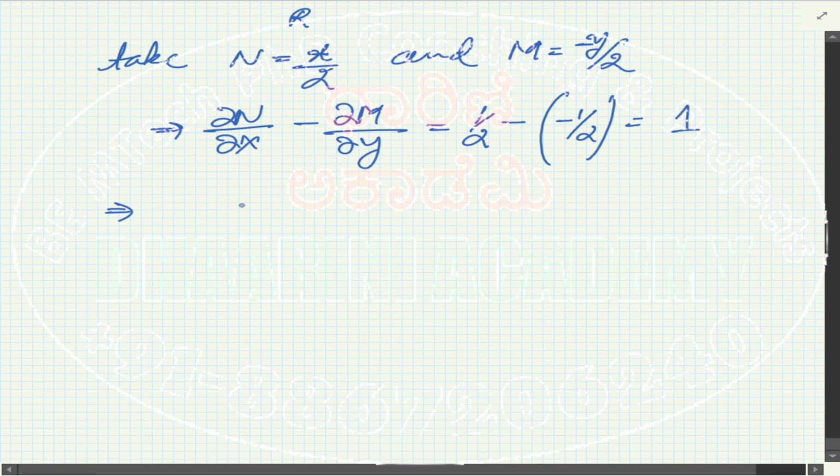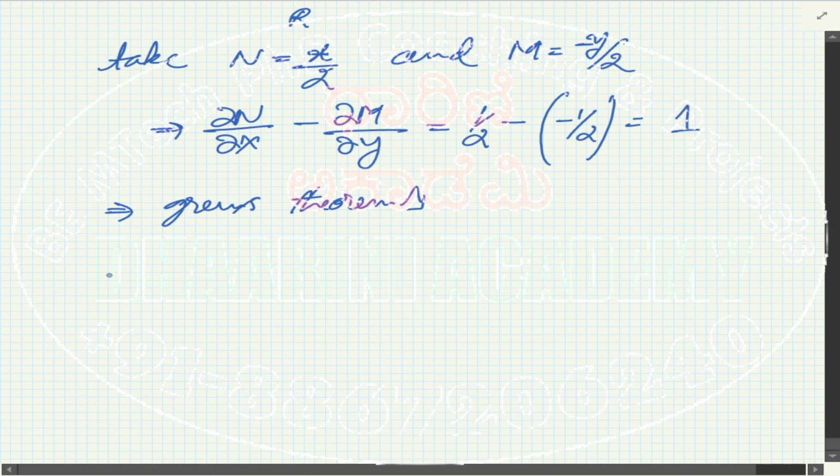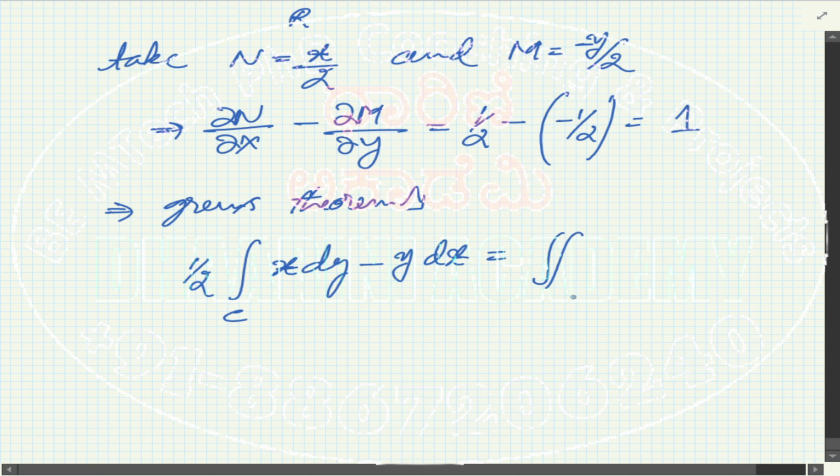The left hand side is m dx plus n dy, where m is minus y by 2 and n is x by 2. So the left hand side is half integral over the given C of x dy minus y dx, equal to the right hand side, double integral over R of dou n by dou x minus dou m by dou y, which is 1, dx dy.